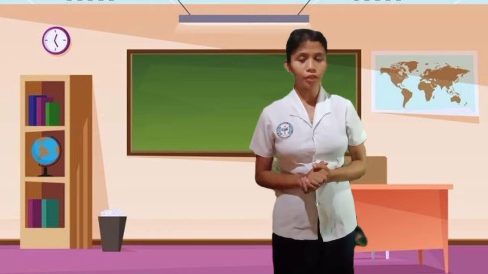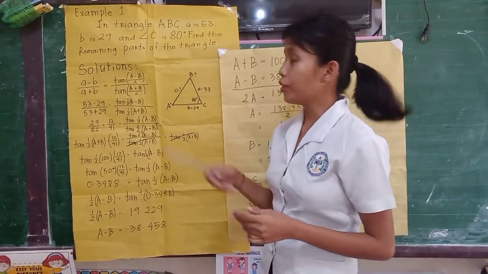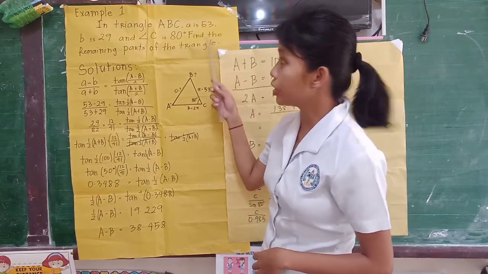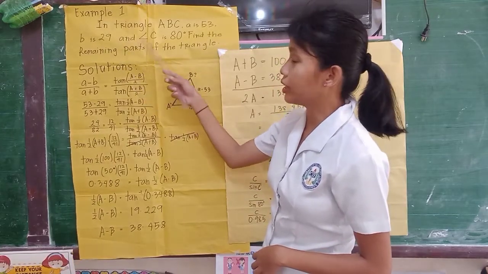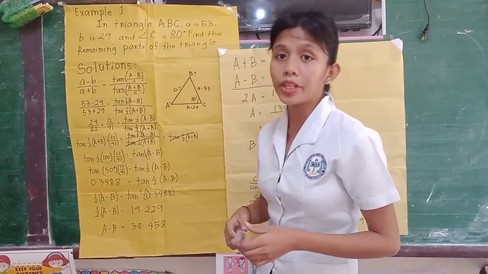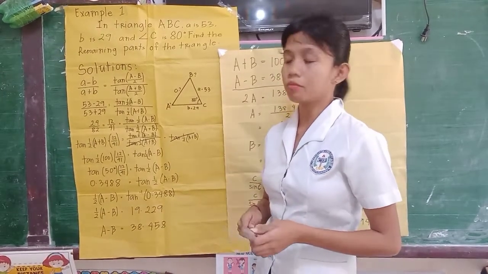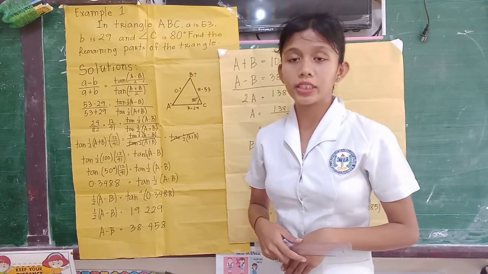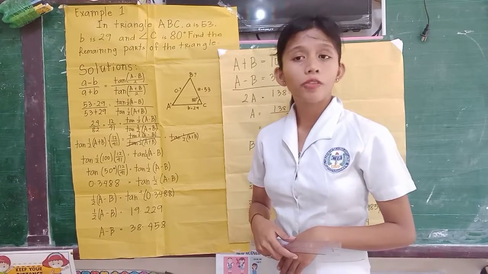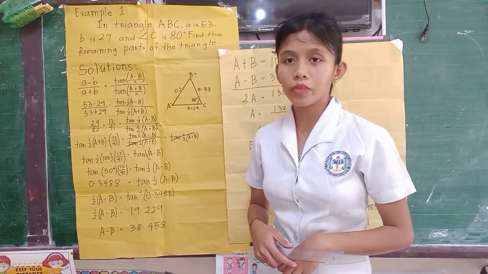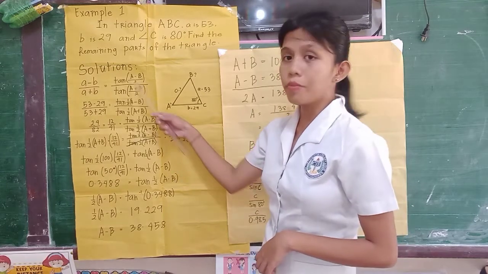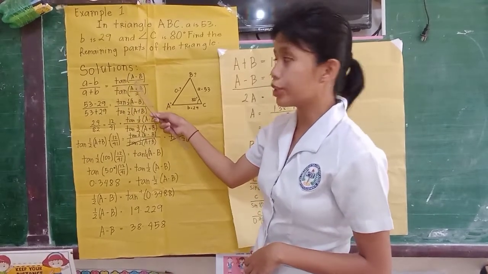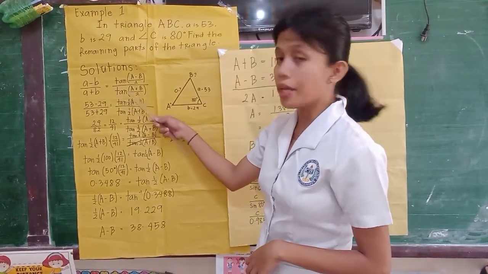So for us to be enlightened on how we solve using the law of tangent, I have here an example. We have here our first example, which is triangle ABC. Side a is 53, side b is 29, and angle C is 80 degrees. Find the remaining parts of the triangle. First, use the law of tangent involving sides a and b, then fill in the values that you know and simplify. (a − b)/(a + b) = tan(½(A − B)) / tan(½(A + B)).